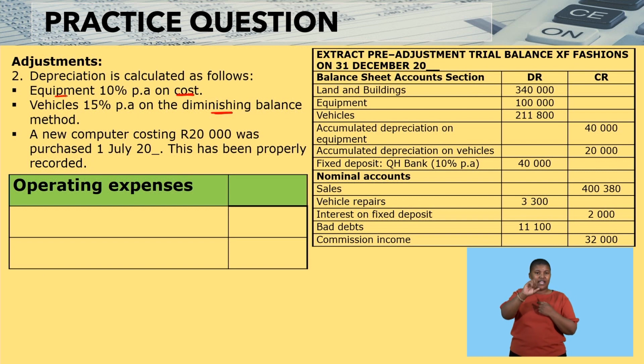Let's start with equipment. Our equipment is 100,000. However, we are told that a new computer costing 20,000 was purchased on 1 July. So this has been properly recorded. We cannot just come here and say multiply by 10 over 100, multiply by 12 over 12, because a computer costing 20,000 has been added to our equipment.